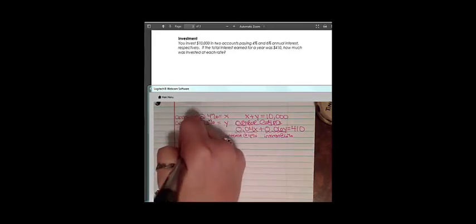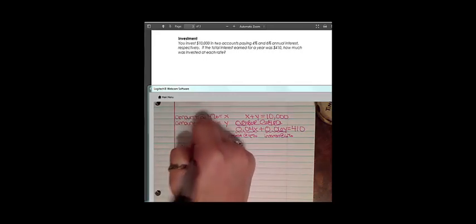So right there is our system of equations. Now anywhere that there's an X in that second equation, I can just plug in 10,000 minus Y. So I should have 0.04 times 10,000 minus Y plus the 0.06y equals 410.